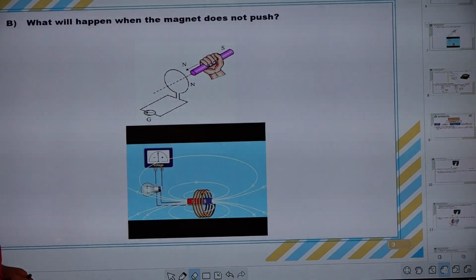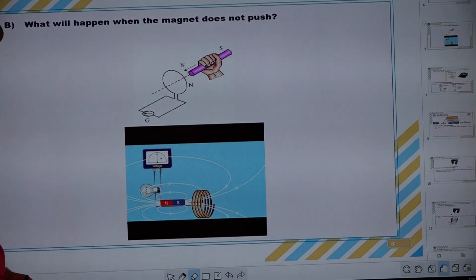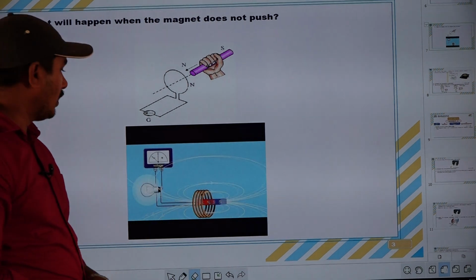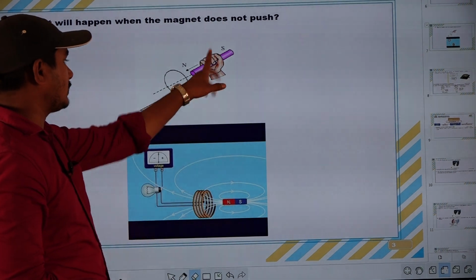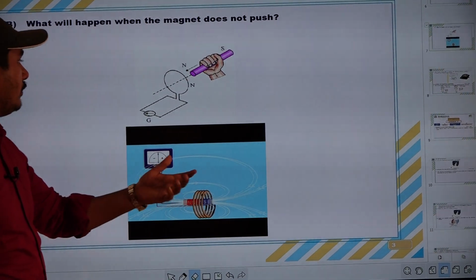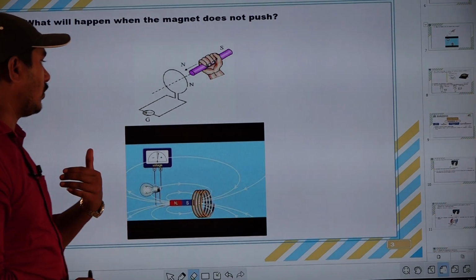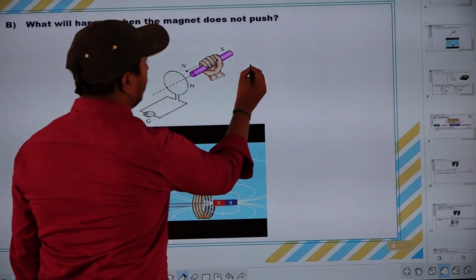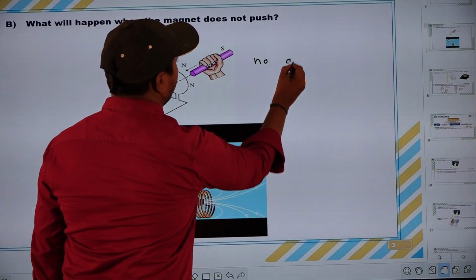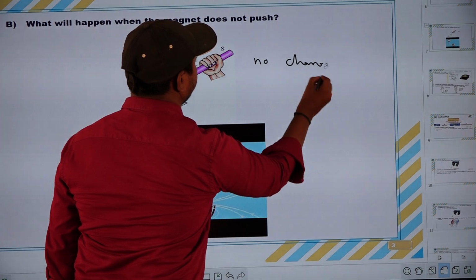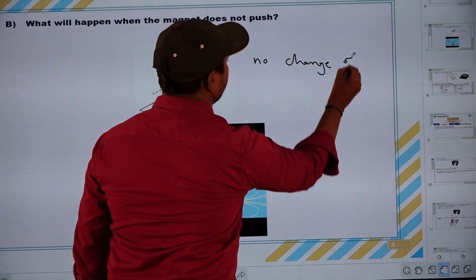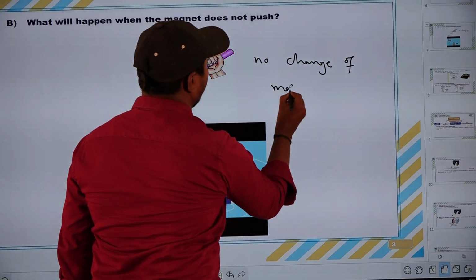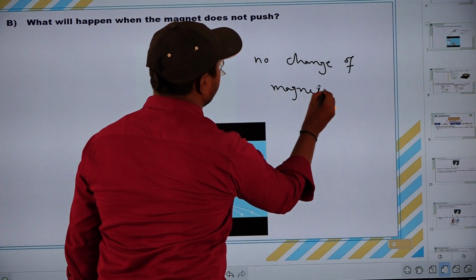Coming to second, B: what will happen when the magnet does not push? When the magnet is constant, there is no movement towards the coil or away from the coil, which means there is no change of flux, no change of magnetic flux.